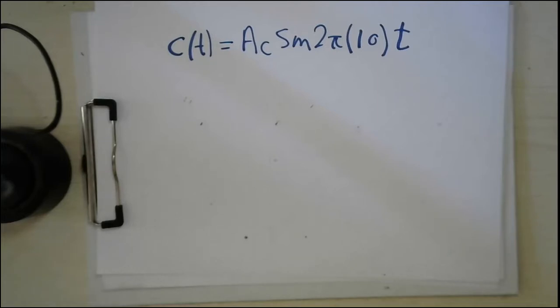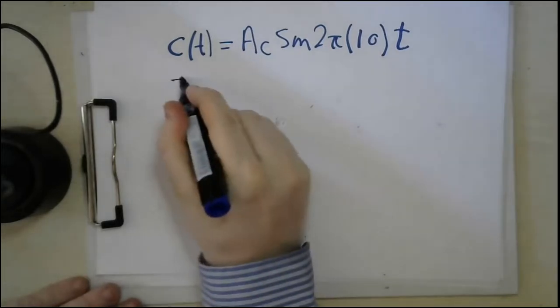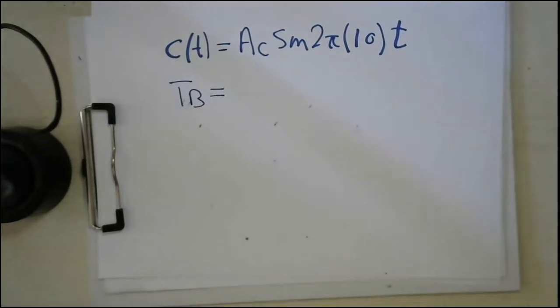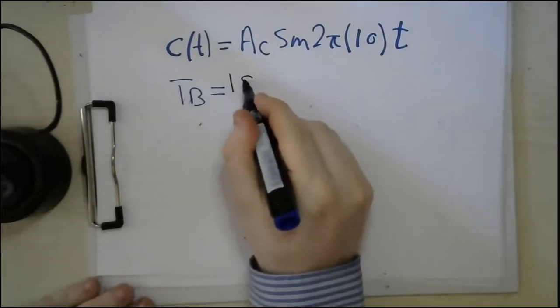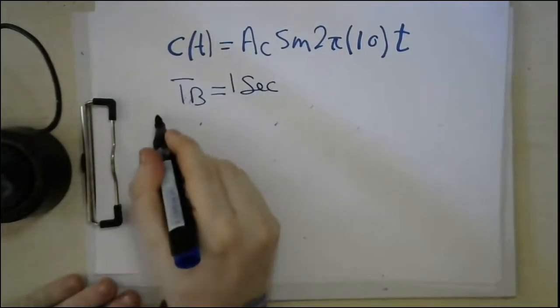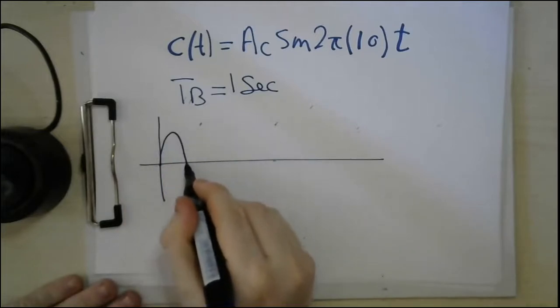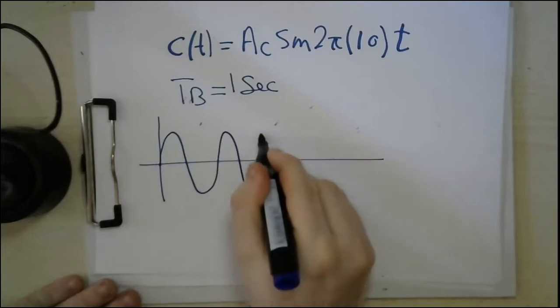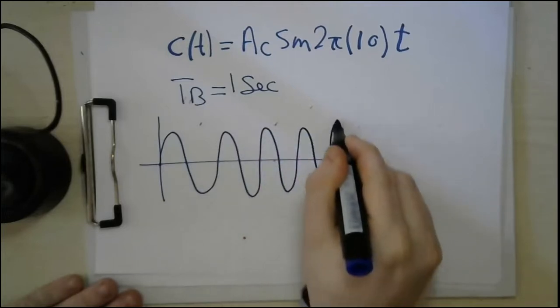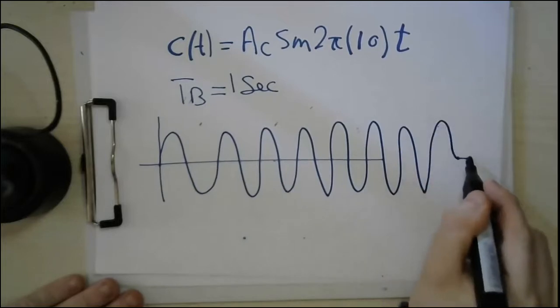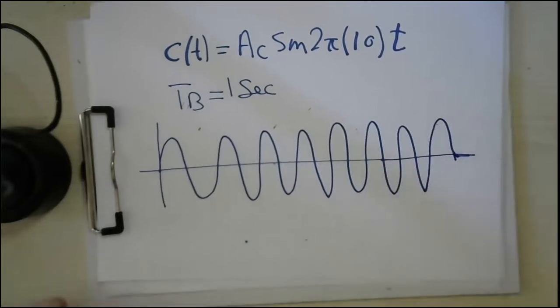So this is the definition. If TP, which is the time for one bit, is 1 second, then I should expect something like that: 1, 2, 3, 4, 5, 6, 7, up to 10, and then that's all.